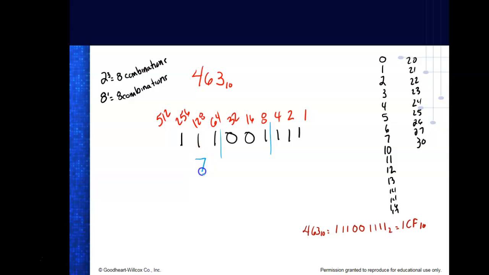So this will be a 7. This will be a 1, 7, and this is base 8. So it's basically the same as hex, but in octal we use groups of what? 3s. In hex we use groups of 4s.